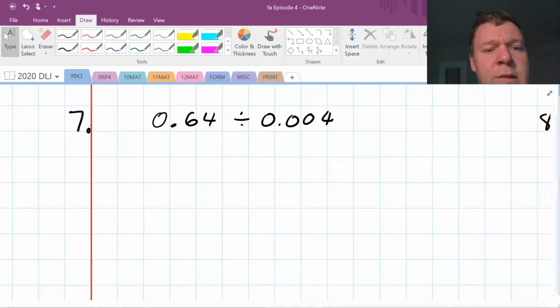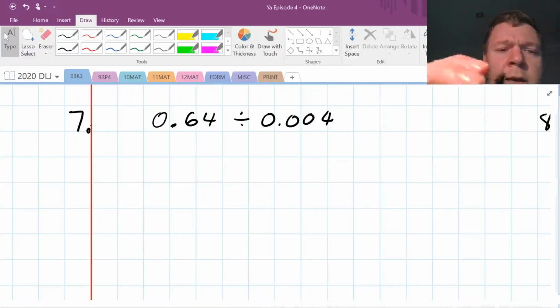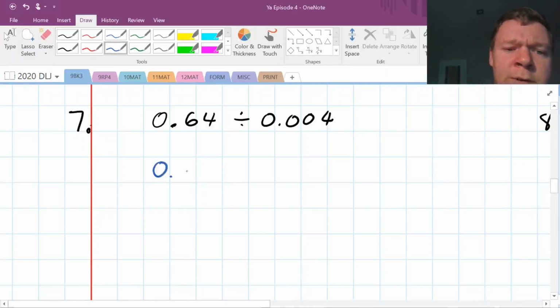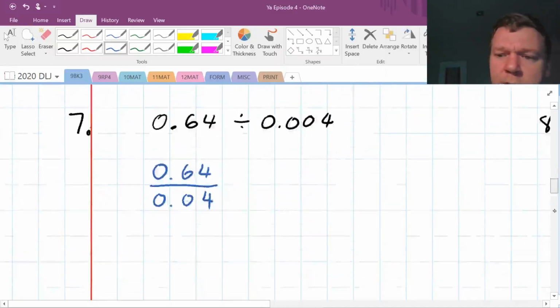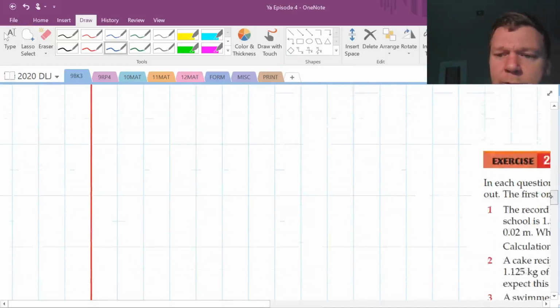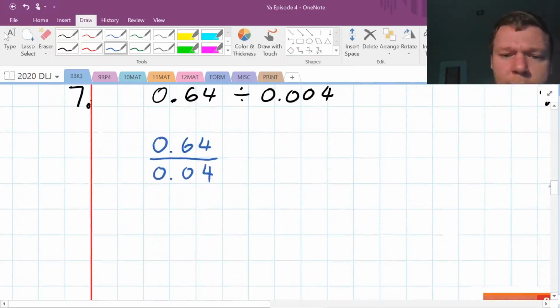So, yesterday, I got you guys to write your division as kind of like a fraction. Because fractions and, well, that's actually got another 0 in it, doesn't it? 0.04.